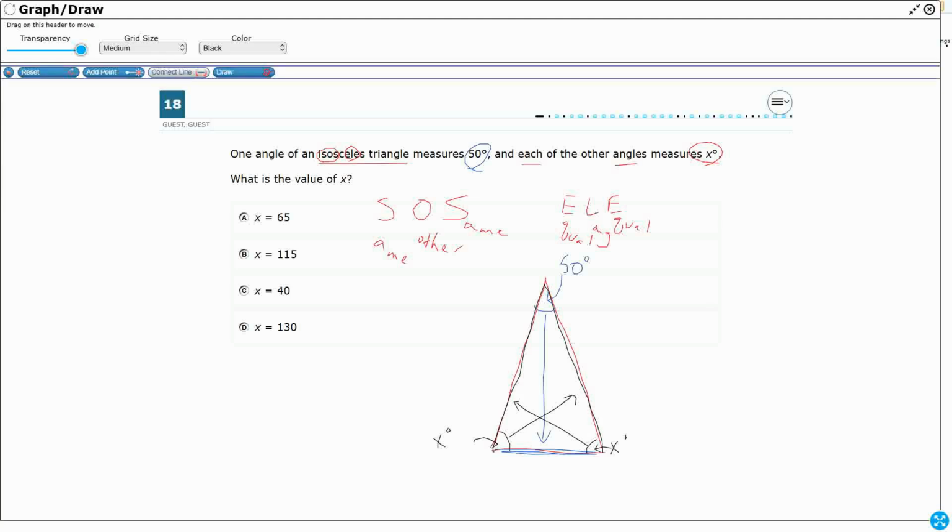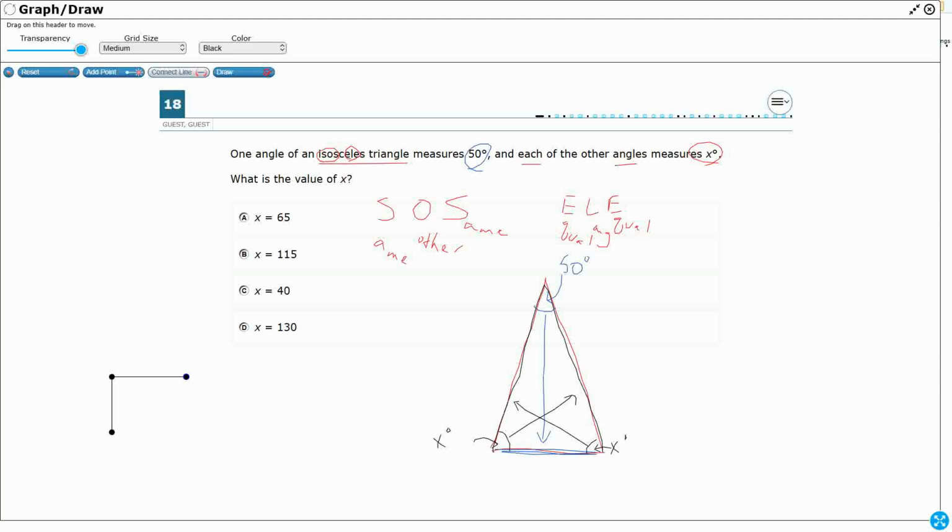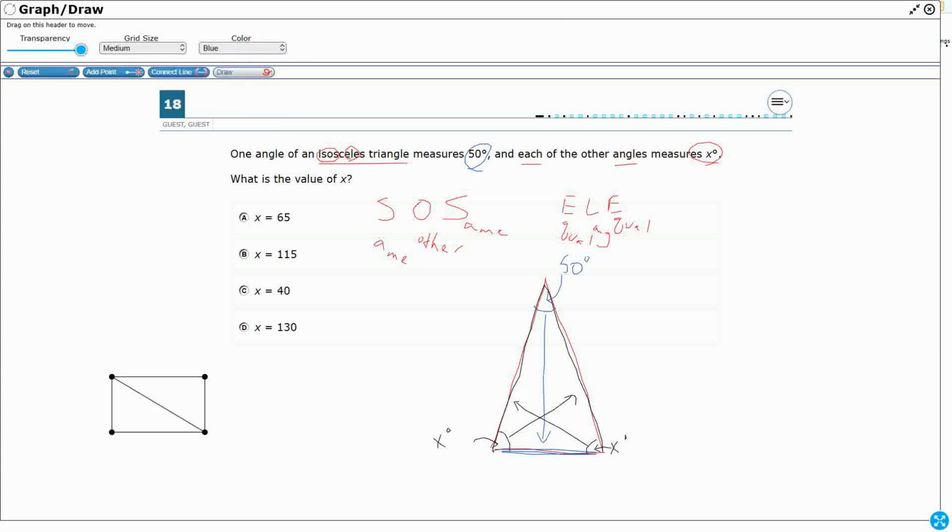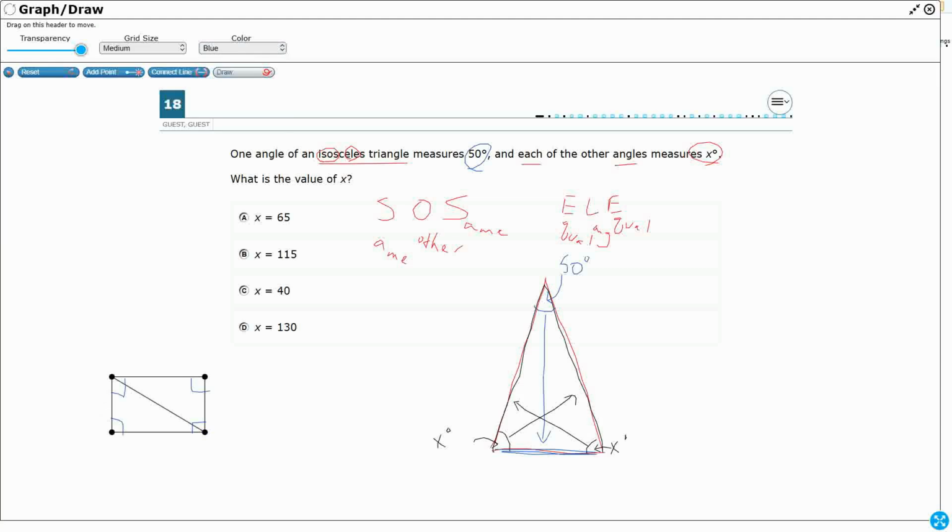And if we ever get stuck with that, we can always just draw a quadrilateral of any kind, cut it in half. So the easiest one to do would be a square or a rectangle because they've got those right angles. So that's 90, 180, 270, 360. So if the whole thing is 360, then you cut it in half with a triangle, you're going to get 180 and 180. That's how we can sometimes remember that.